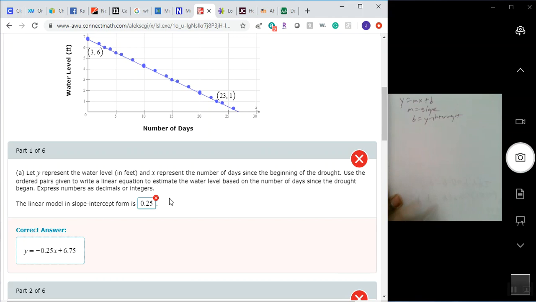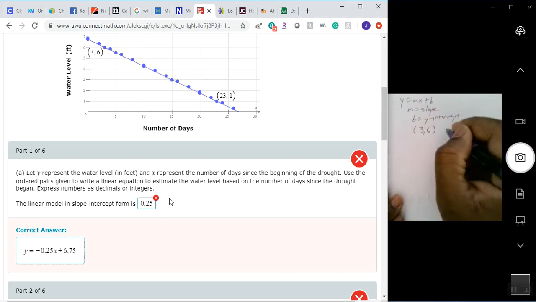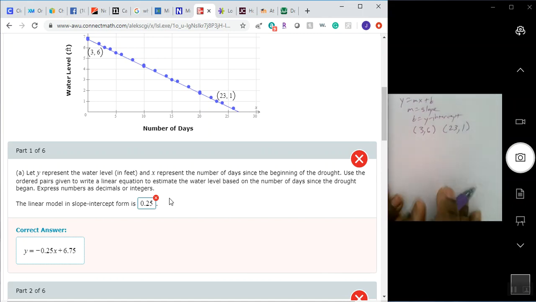So now this is what we would do. We would take the 2 points that we see. We could technically put them in the calculator, but let's do this by hand. We had 3, 6, and we had 23, 1. These are the only 2 exact points given to us in this example.